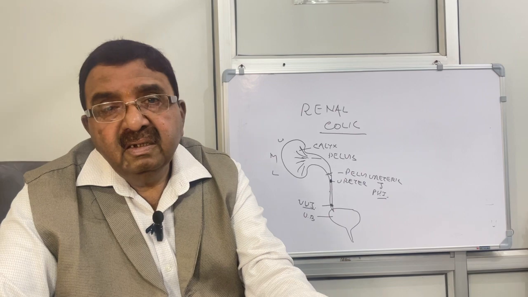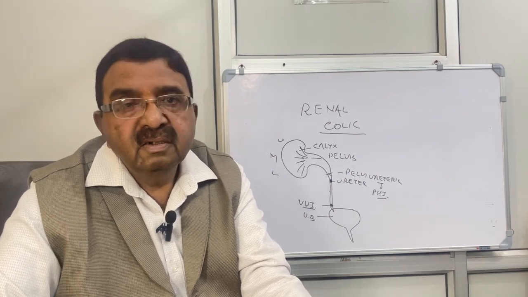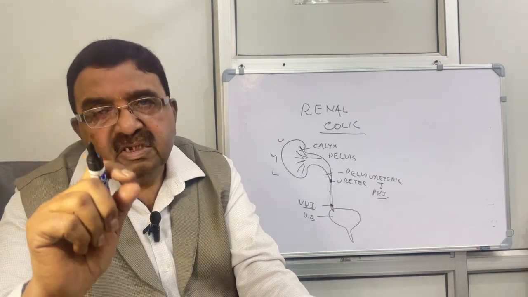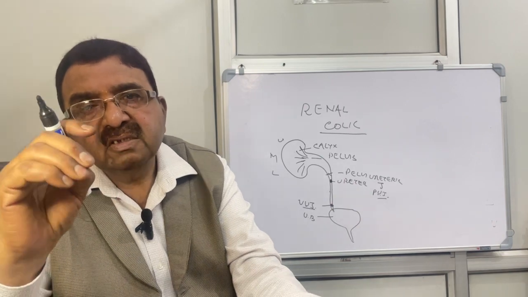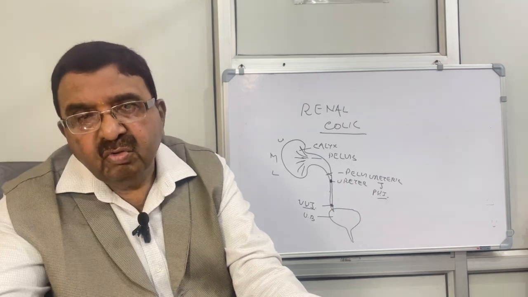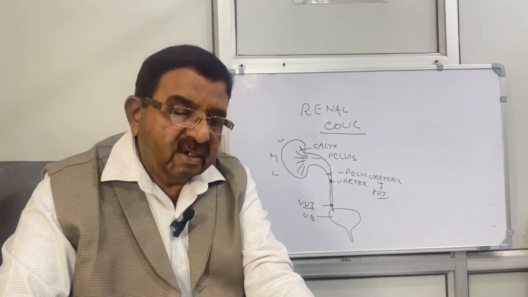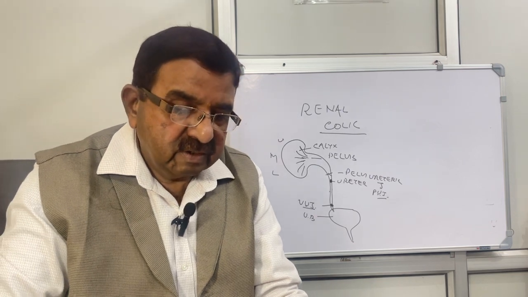Now this pain is due to the peristaltic movements of the ureter. The movements of the ureter try to remove the stone from the ureter, but in this process it leads to a lot of pain to the patient.